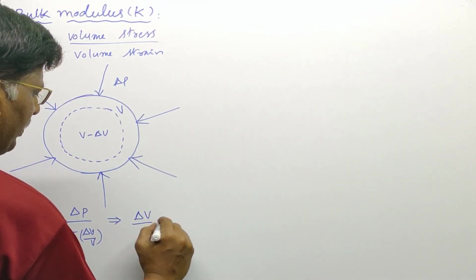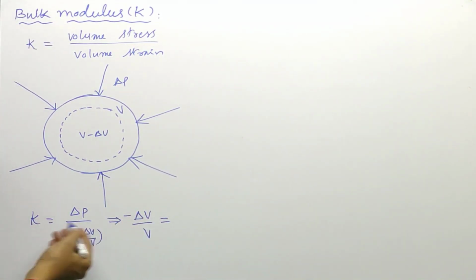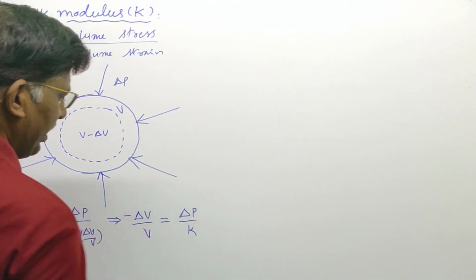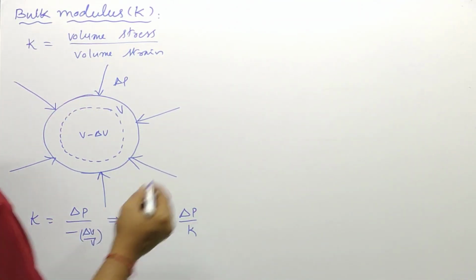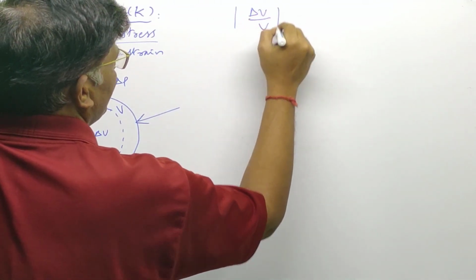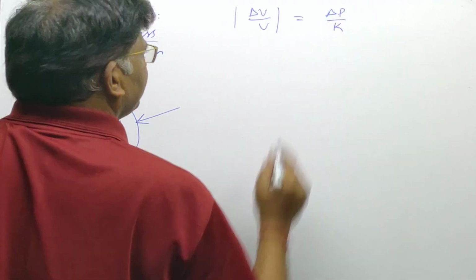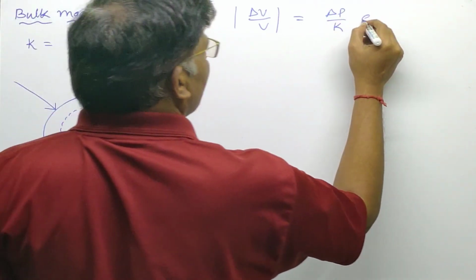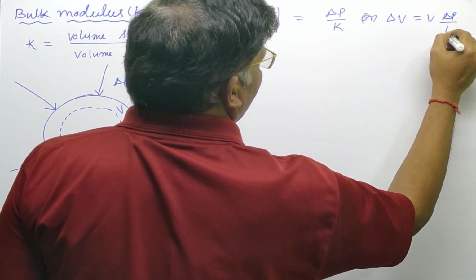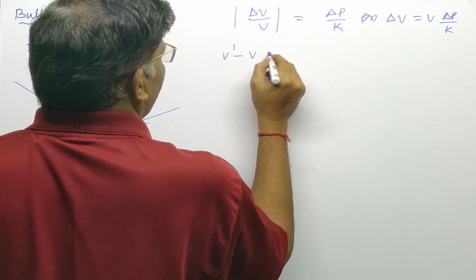Minus delta V by V is equal to delta P divided by K. In magnitude, the change in volume can be written as delta P by K, or delta V is equal to V into delta P by K. Delta V can be written as final volume minus initial volume.